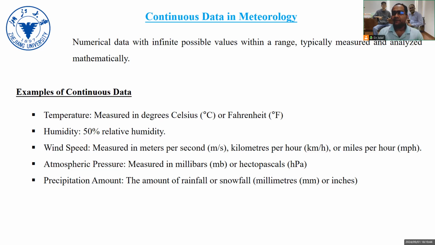Atmospheric pressure we can measure in millibars or hectopascals. And to measure the precipitation amount, we can use millimeters or inches. So this is continuous data. Okay.